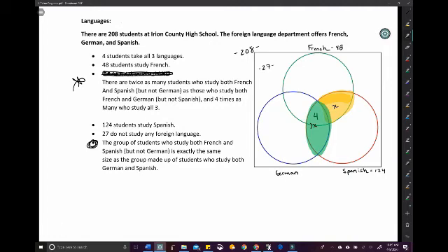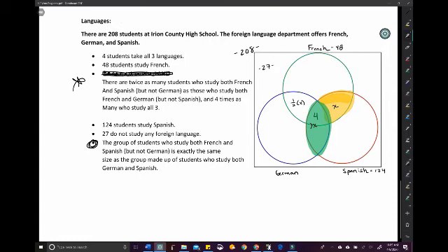Okay, let's see what else we've got here. There are twice as many students who study French and Spanish, but not German, as those who study both French and German, but not Spanish. So this is 1/2 x.